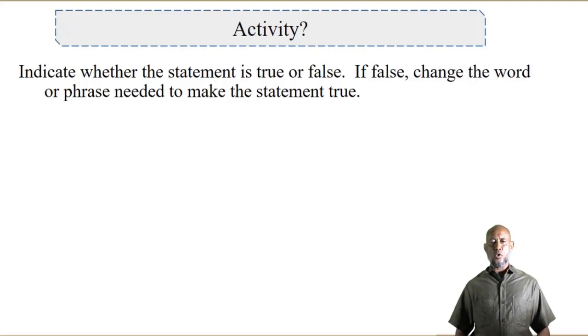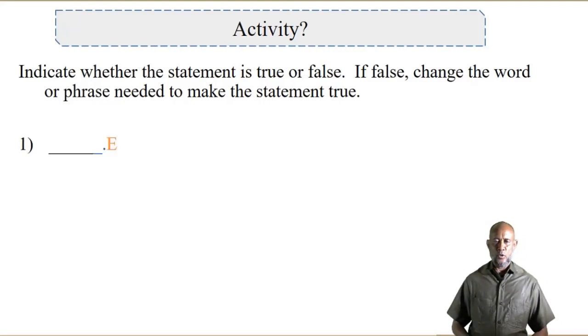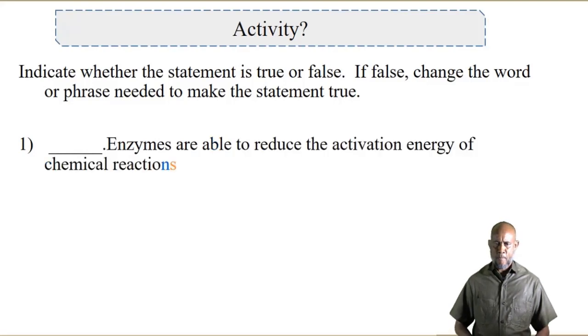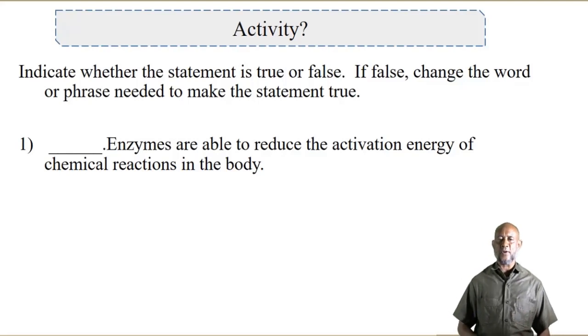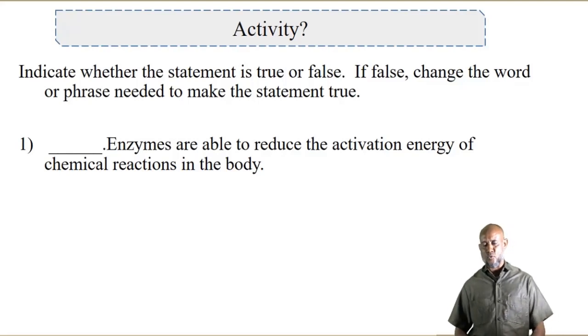The first question: enzymes are able to reduce the activation energy of chemical reactions in the body. You may say true or false. But if you say false, change the word or phrase needed to make the statement true.